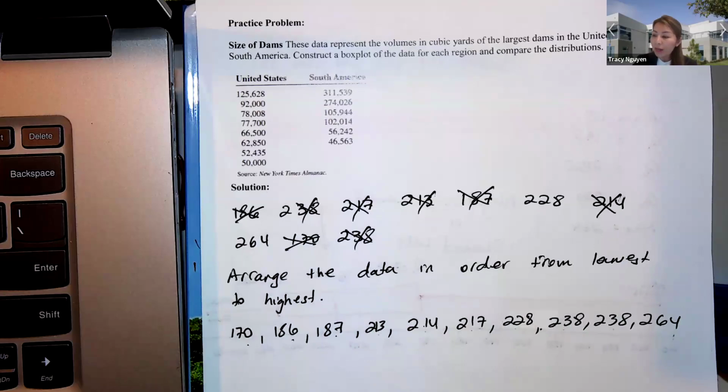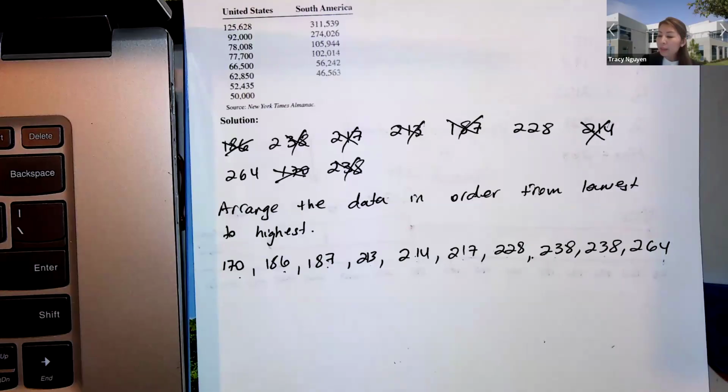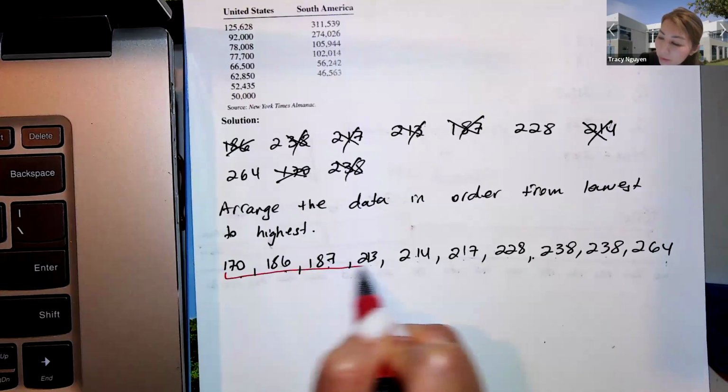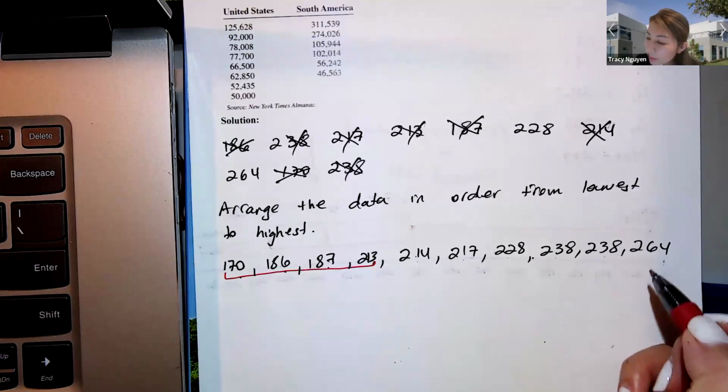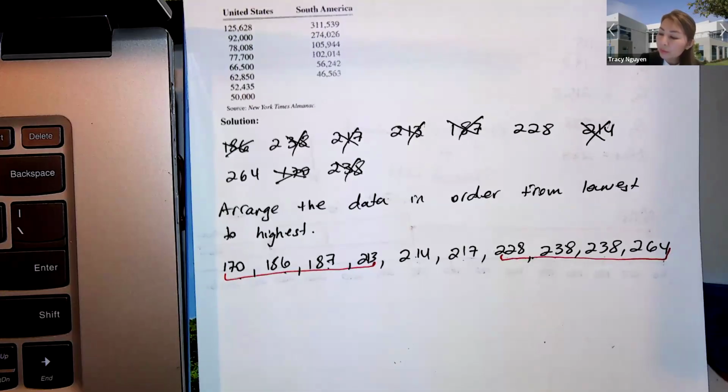So because we have 10 data values, we cannot split with 5 and 5, we would not have anything in the middle. So we're going to split with the lowest 4 and the highest 4.